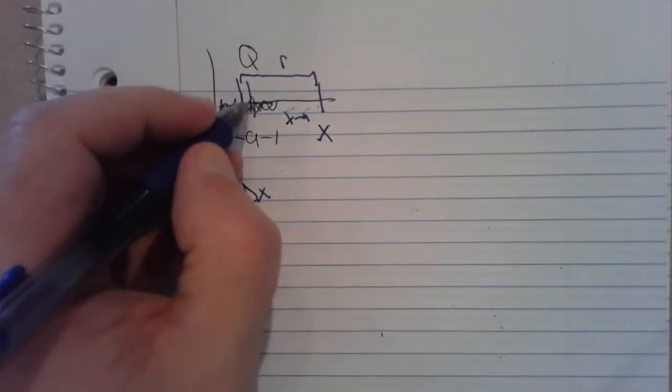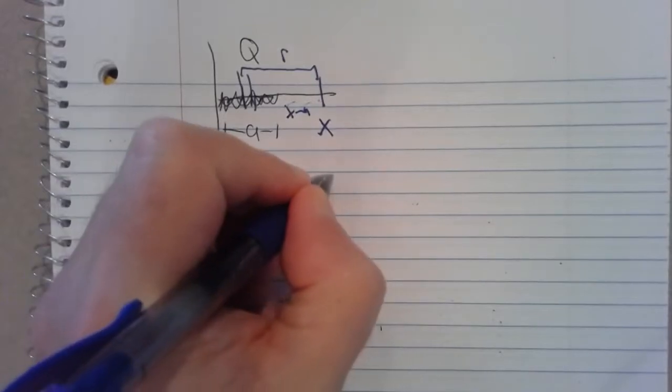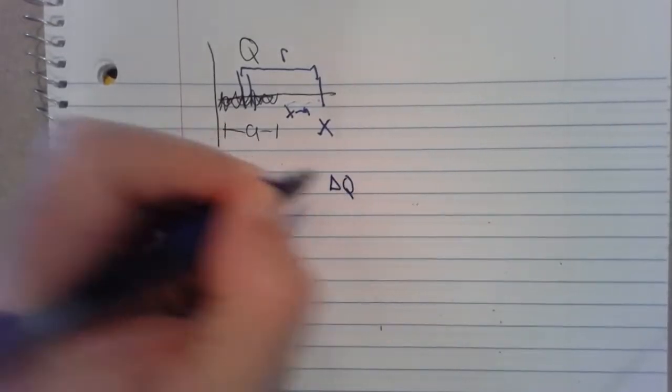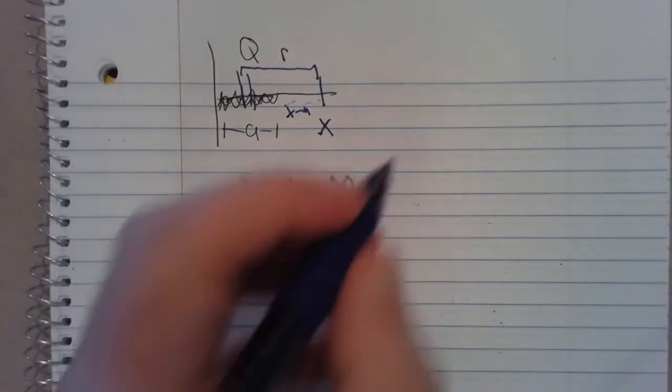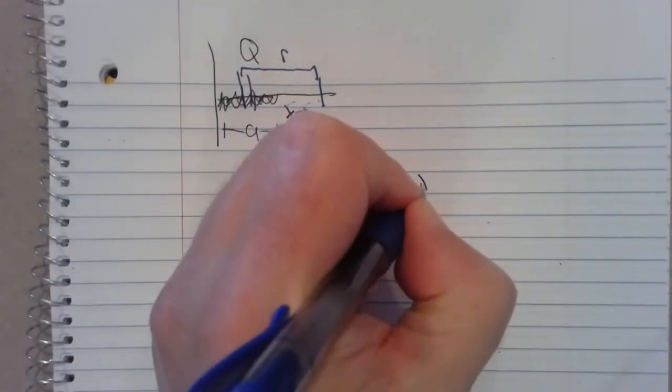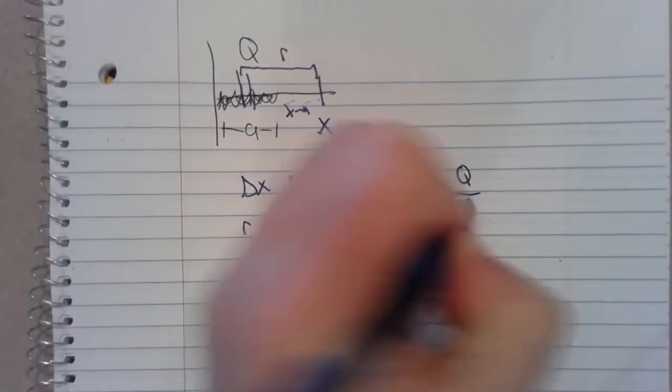Okay, so here in our little delta x, we want to find our delta q. Remember, delta q is always charge density times your delta distance, whatever that is. So our charge density, lambda, is total charge divided by total length.